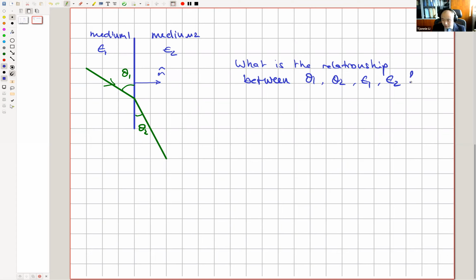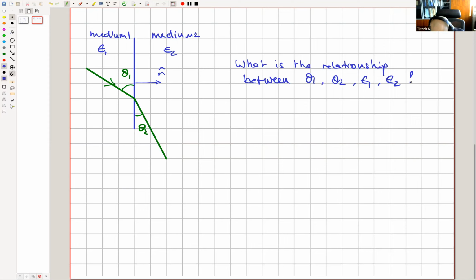Okay, I see a few answers popping up already. That's always a good sign. Okay. So, Xun Wang is saying square root of epsilon 1 sine theta 1 equals square root of epsilon 2 sine theta 2. Alex is saying square root of epsilon 2 over epsilon 1 equals cosine theta 2 over cosine theta 1. And okay, so we have a few answers.